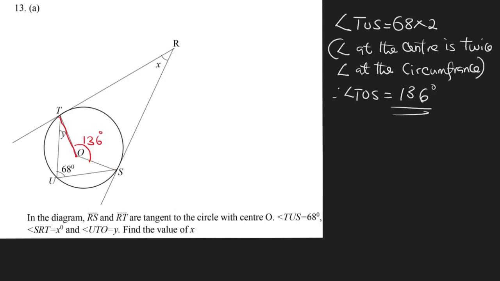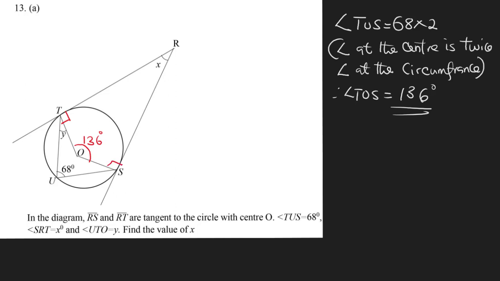And remember that a radius is a line from the center to any point of the circumference, right? So since we have a radius here, it is going to be perpendicular, and when we say something is perpendicular, it makes 90 degrees. This one too is a radius, and there is a tangent here, so it will be perpendicular. So there's 90 degrees here, and there is also 90 degrees here.